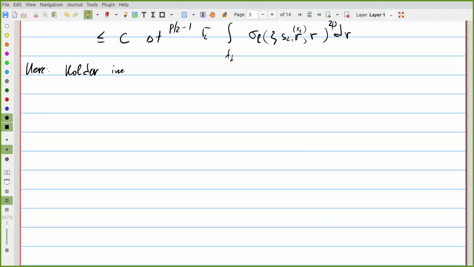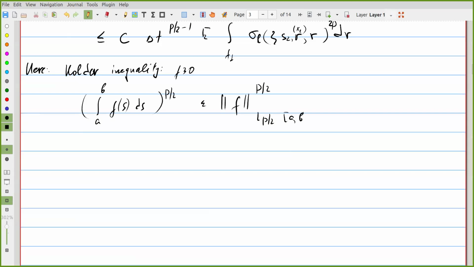The Holder inequality gives the following: the integral over AB of f of s ds, to the power p over 2, is less than... We write this as the product of these two functions, with p over 2 in L q over AB, such that 1 over q plus 2 over p is 1.